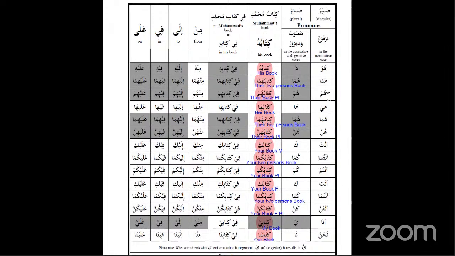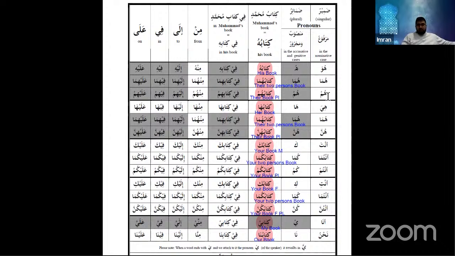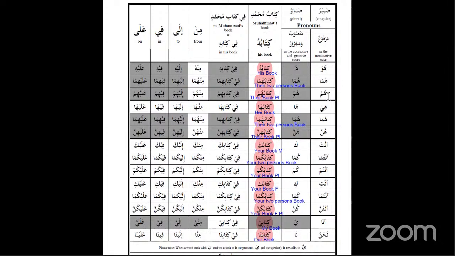Huma, kitabuhuma, for tasniya, their book. Hum, for plural male. Hum will attach with kitabun. It will become kitabuhum. Their book. Hiya, kitabuha. Hiya is for female and ha is for female.